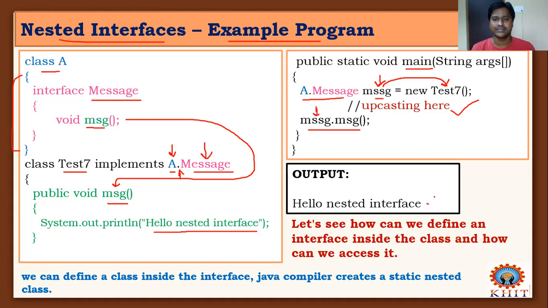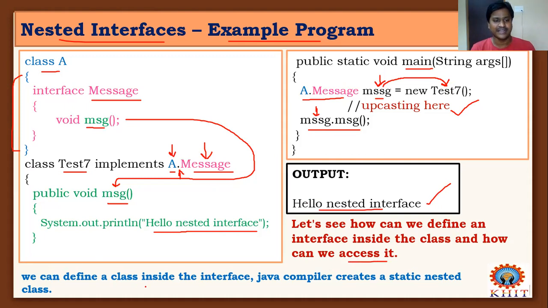So here it is valid. So it can be executed like this, hello nested interface. Before going to the execution part here, let's see how we can define an interface inside a class and how we can access it.